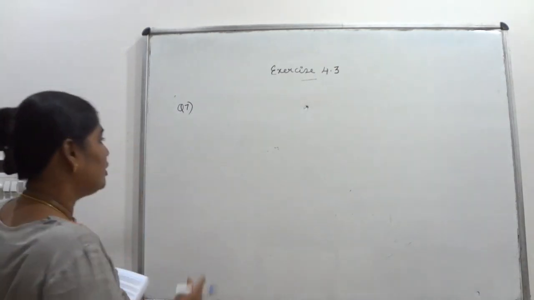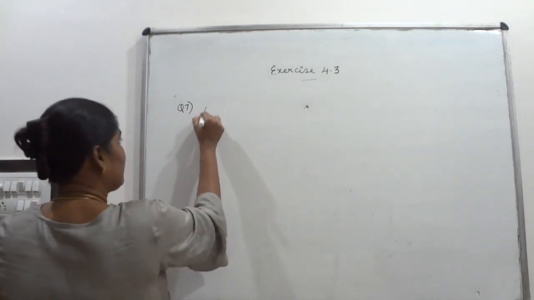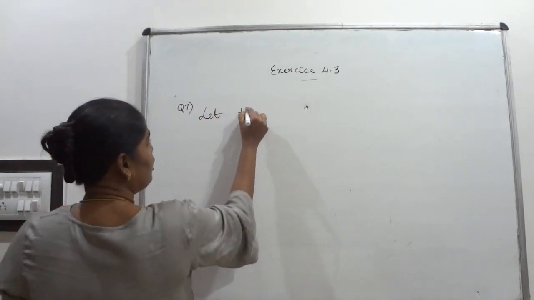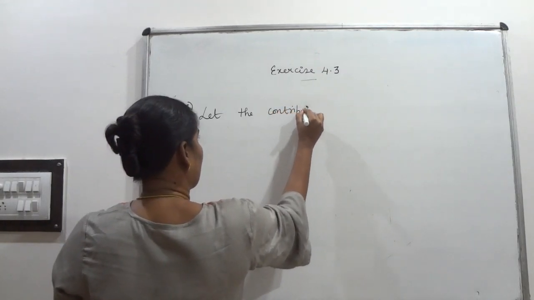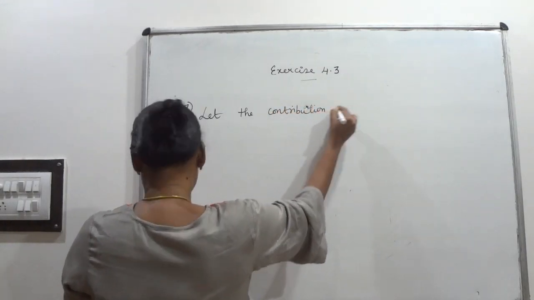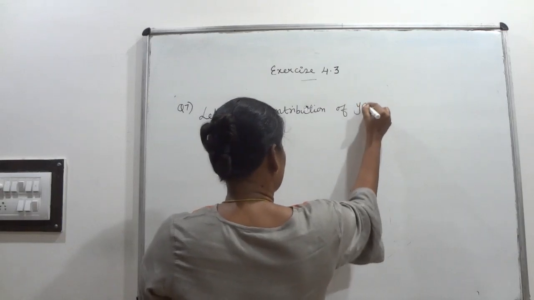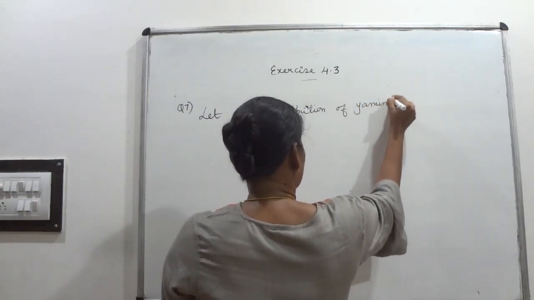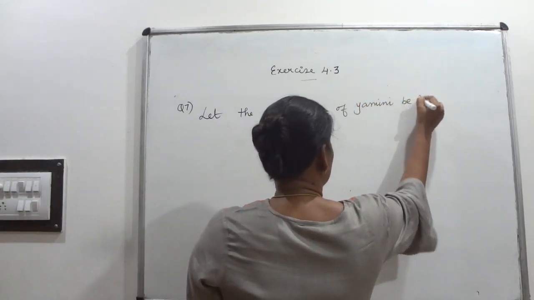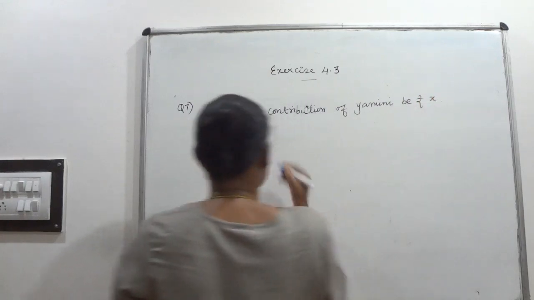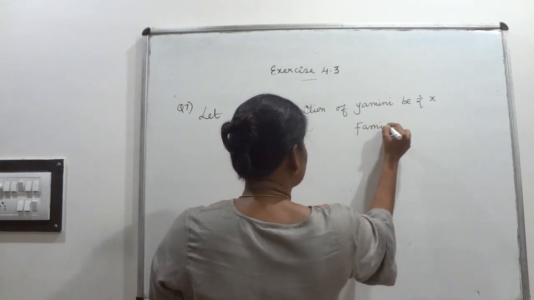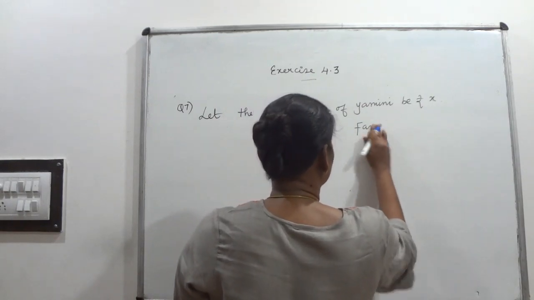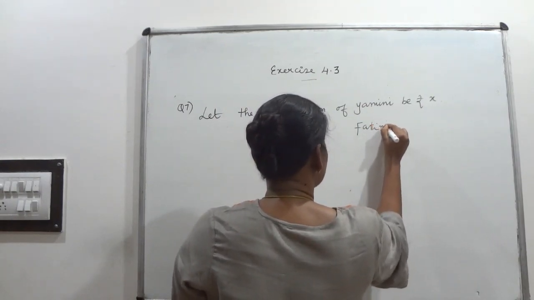So how am I going to write that? First of all, I will write: let the contribution of Yamini be ₹x. The same way, the contribution of Fatima, here 2 characters are given. One is Fatima, another one is Yamini.